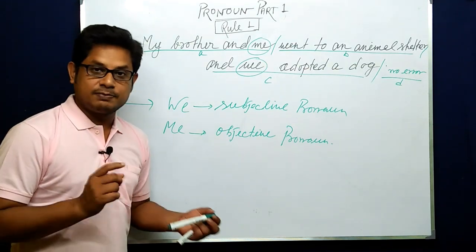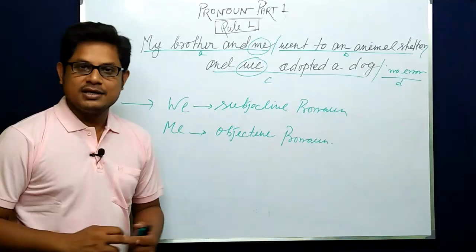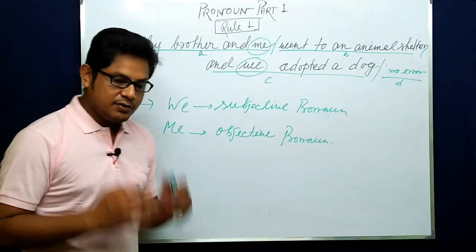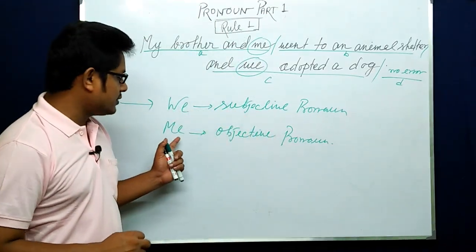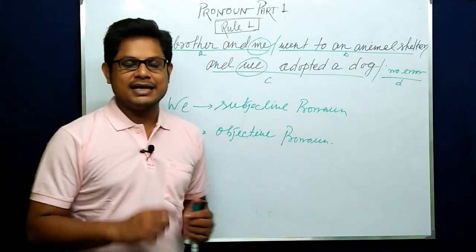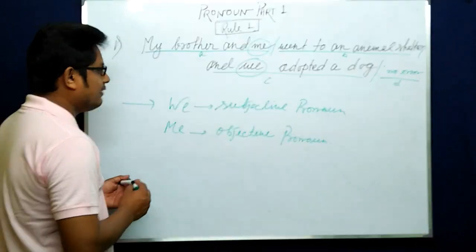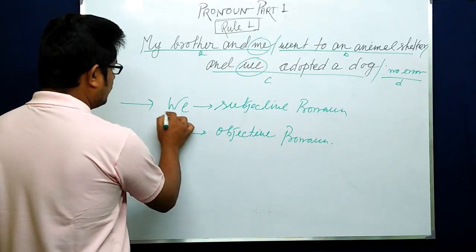Now let me explain to you why. Why do I call it subjective and why do I call it objective? Because we, this pronoun, is used in the sentence as a subject, and me, this one, is used in the sentence as an object of the verb, right? See, we have many pronouns that are used as subjective pronouns, like we.